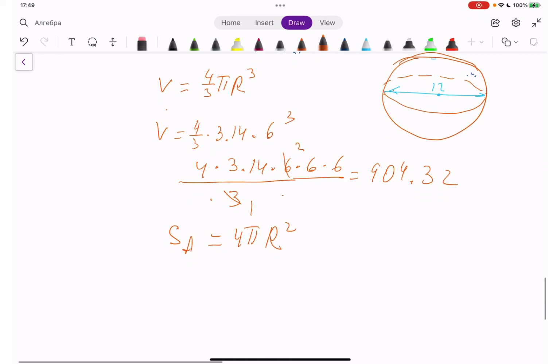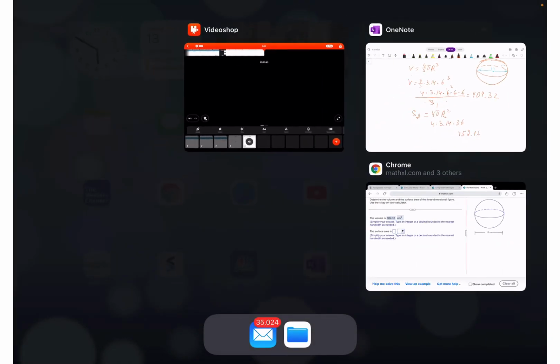All right, let's do it. 4 times 3.14 and times 36. 6 squared is 36, right? So I'm going to punch numbers on the calculator to get it done faster. Times 3.14 and then times 36. And 452.16. Since this is area, it's going to be squared, whatever measurement it has.